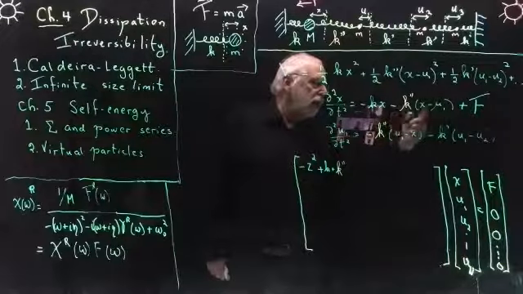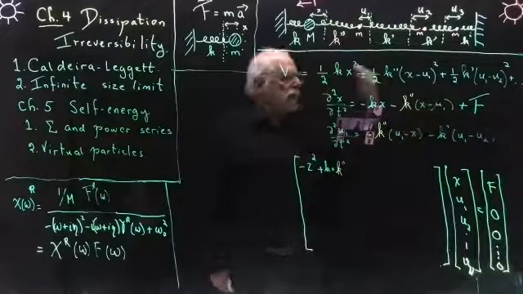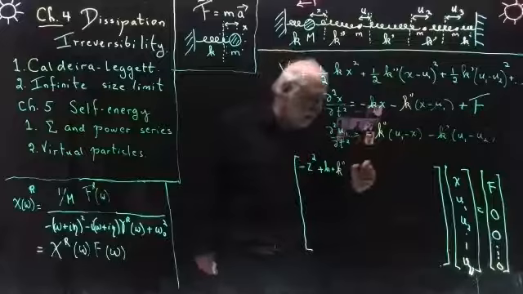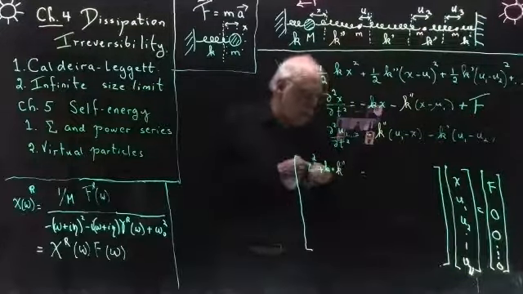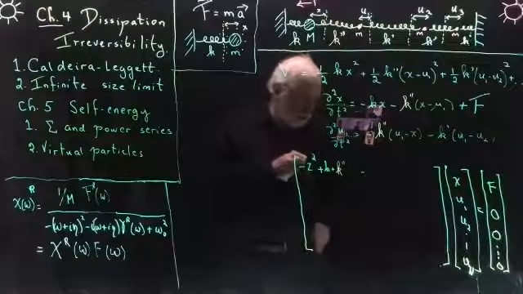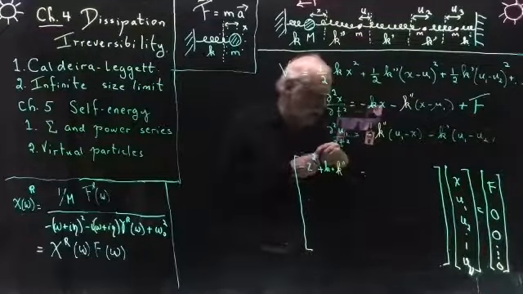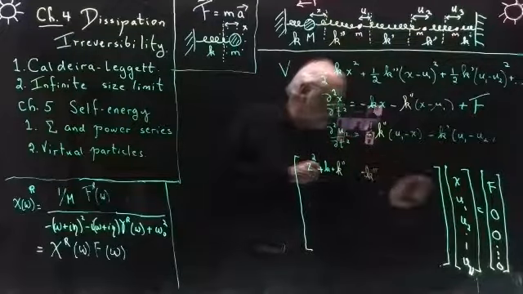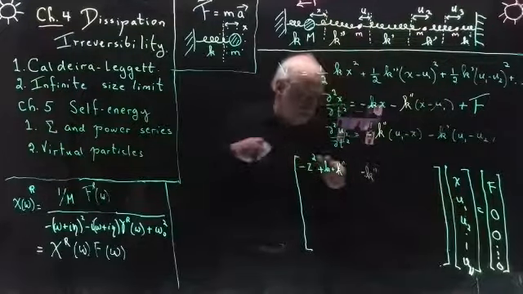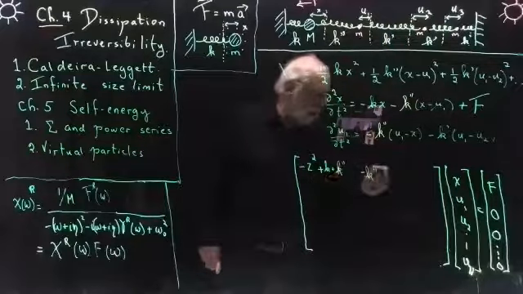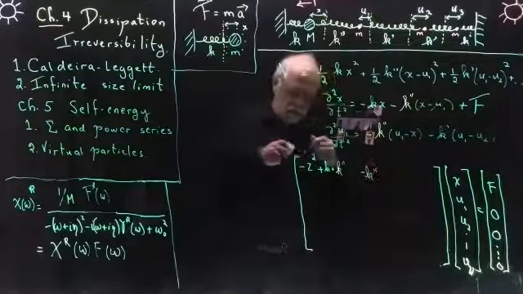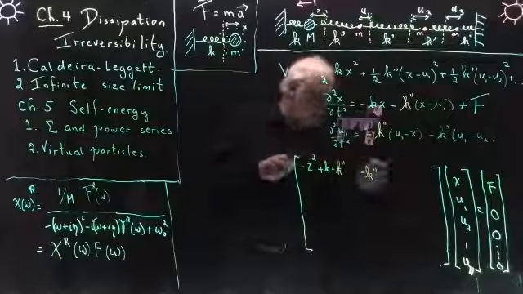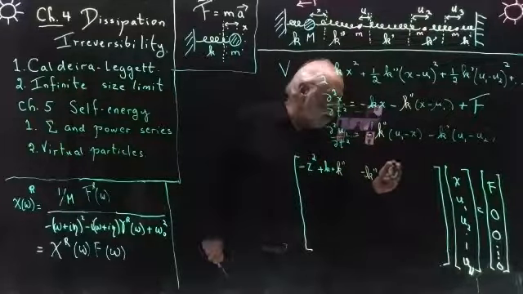It has an opposite sign, because when I put it on the other side, it's negative. So I get minus k double prime that goes with the u1 here. And then I have 0, because I'm not coupled to the other ones.